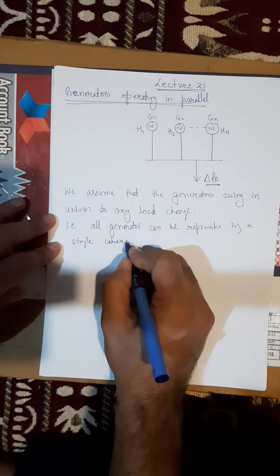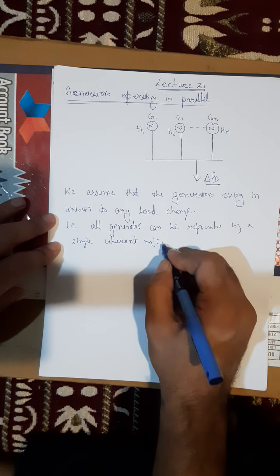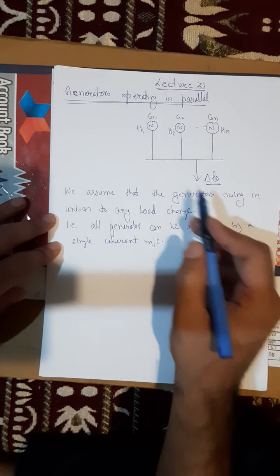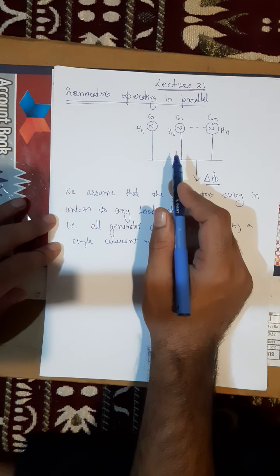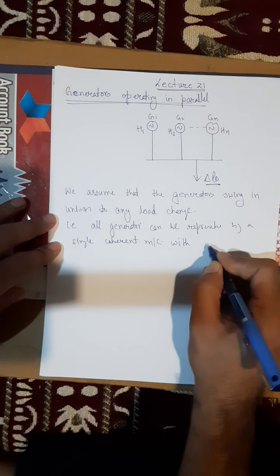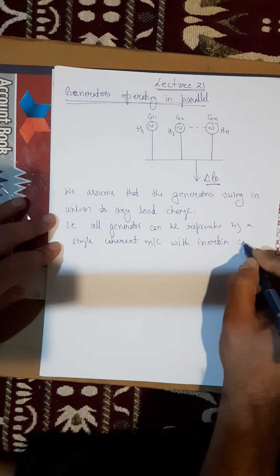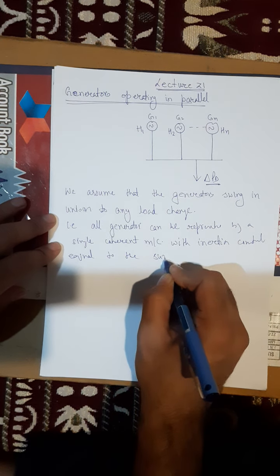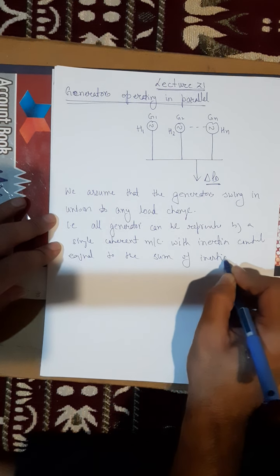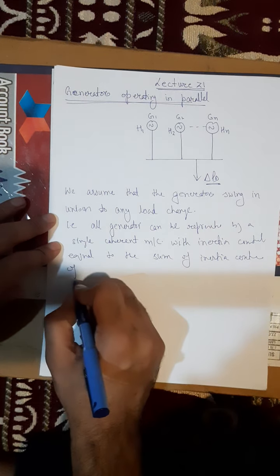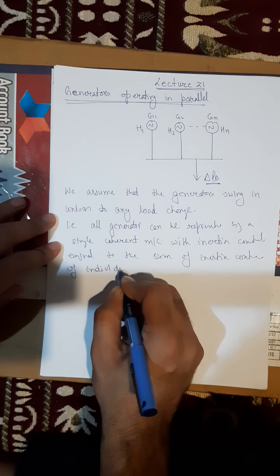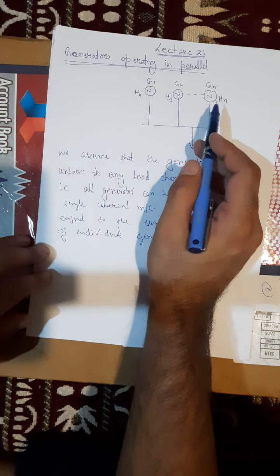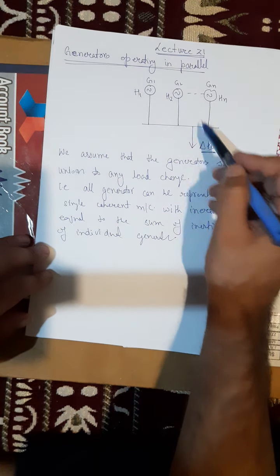For the sake of analysis, we represent all the generators by a single coherent machine with inertia constant equal to the sum of the inertia constants of the individual generators. Suppose I have n generators connected to the same load, supplying power to the same load.